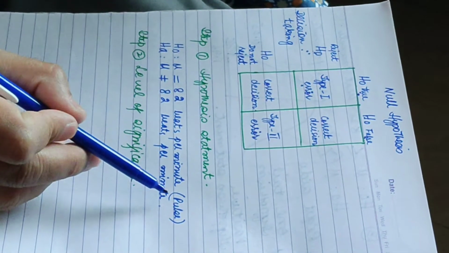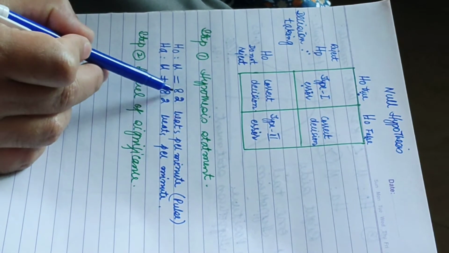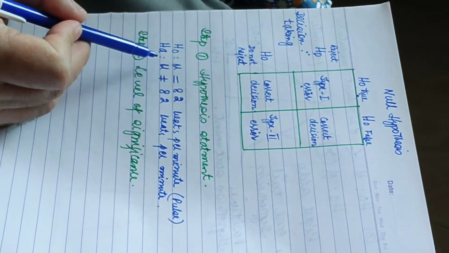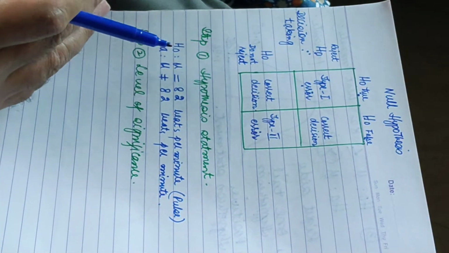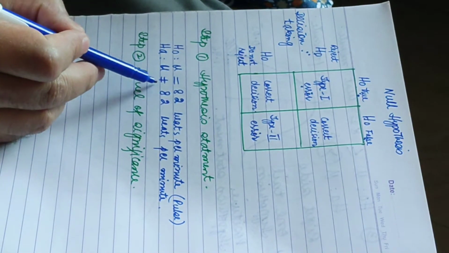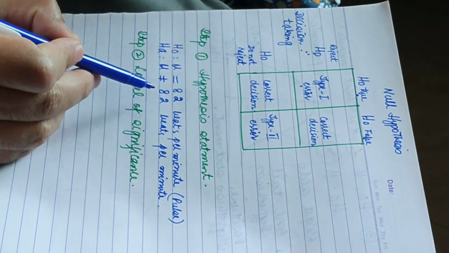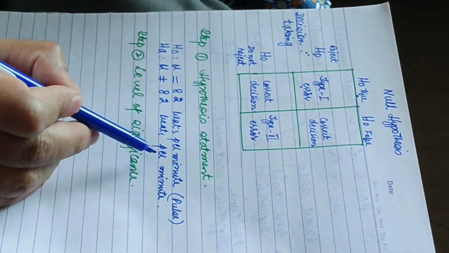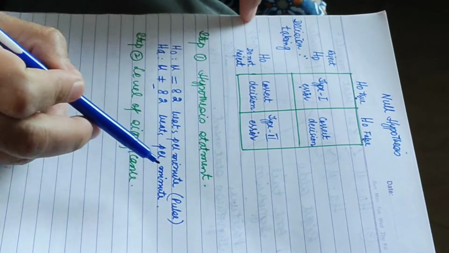Now the researcher is claiming in the alternate hypothesis that the mean pulse rate of the population is not equal to 82 beats per minute.